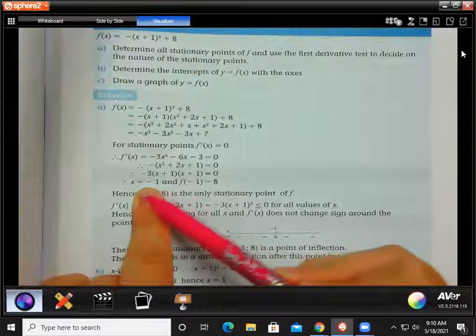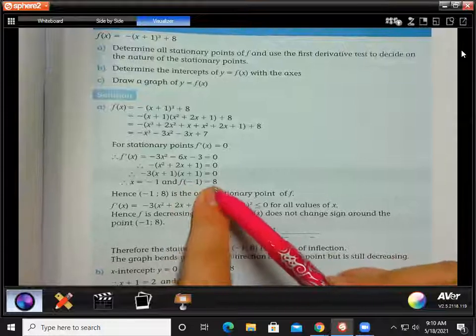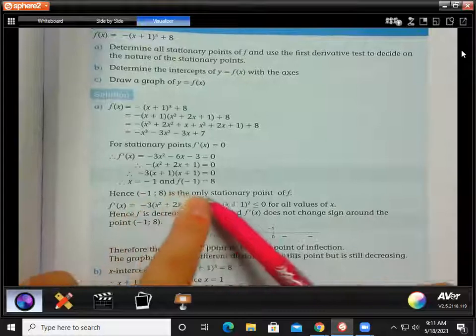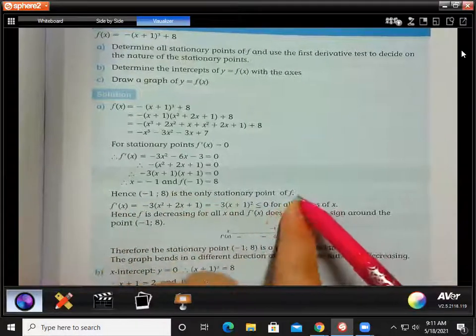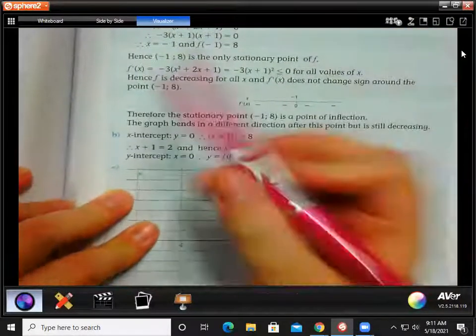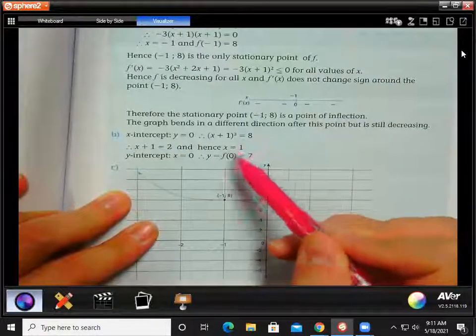So this is a type of graph that only has one turning point. Then they're subbing it into the function, they're getting 8 as the y value. So hence (-1, 8) is the only stationary point of f, right? We're getting one turning point. Then they're doing the test. Don't worry, we'll do that tomorrow. We'll write a little note on it. They're finding the x-intercept here. The x-intercept is also 1.